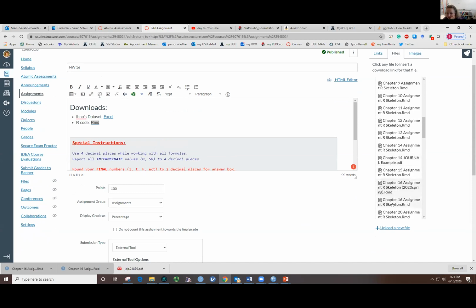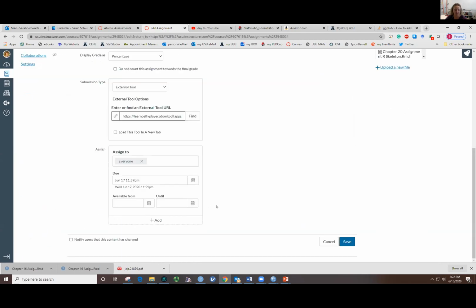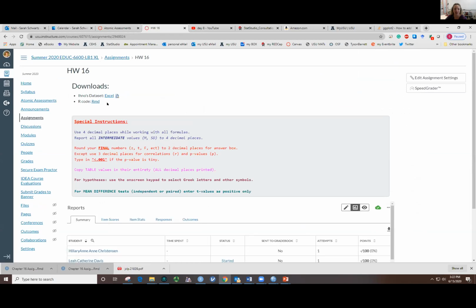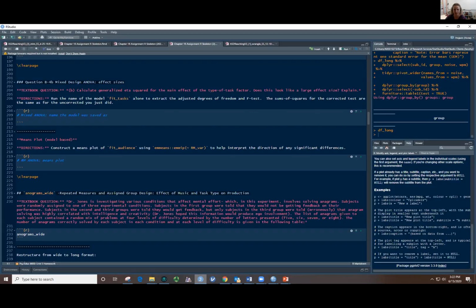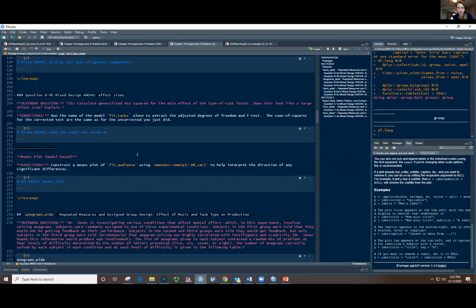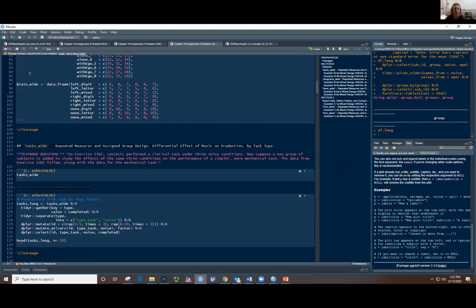So this one, it's this one. Okay, now let me push save. Okay, now if you guys go to where it has the RMD, if you re-download this, it will not say spring of 2019 or whatever, and it will have the syntax to make this plot. So refresh first and then download.